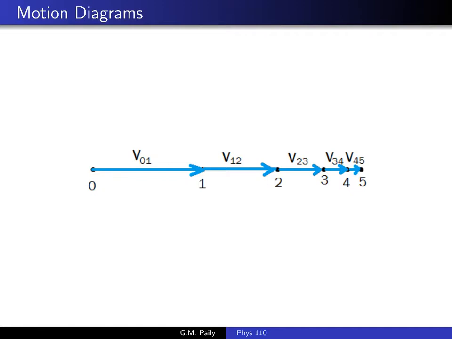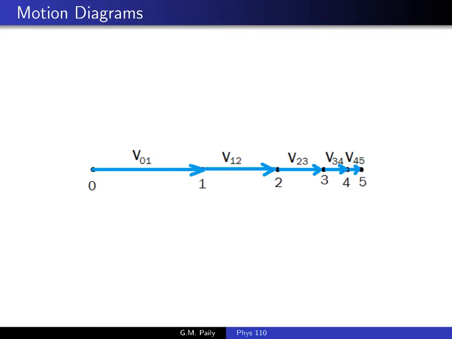Once again, remember that acceleration is connected to the change in velocity. So the acceleration at time 1 will be the velocity after minus the velocity before. If we take the difference of these two velocities, we see that the acceleration must point to the left.